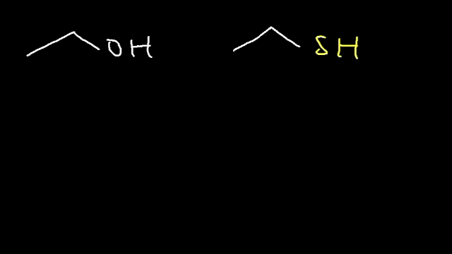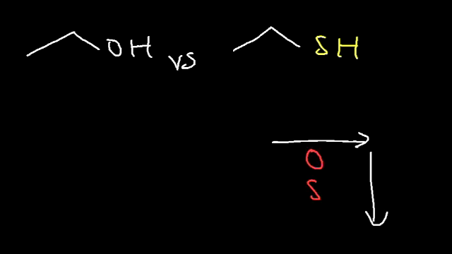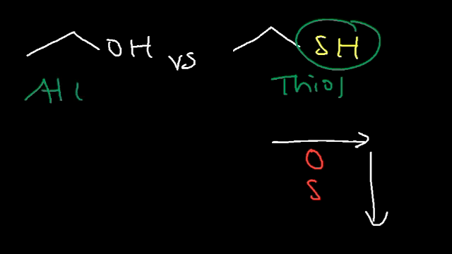So now, if we were to compare ethanol with ethane thiol, which one is more acidic? So keep in mind, acid strength increases as you go to the right and as you go down. So sulfur is below oxygen on a periodic table. So therefore, we should expect that the thiol is more acidic than the alcohol.